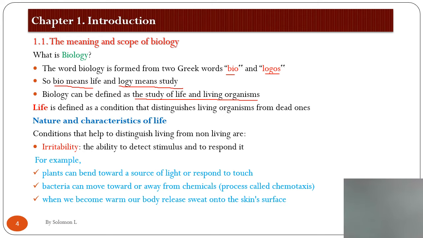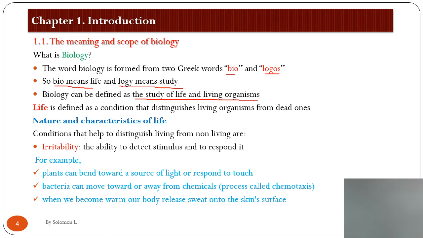So when life is defined, it can be defined as a condition that distinguishes living organisms from dead ones or from non-living matters. What are the nature and characteristics of life?